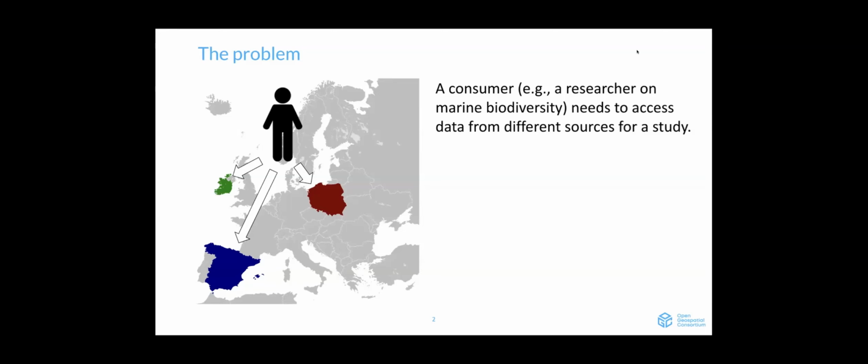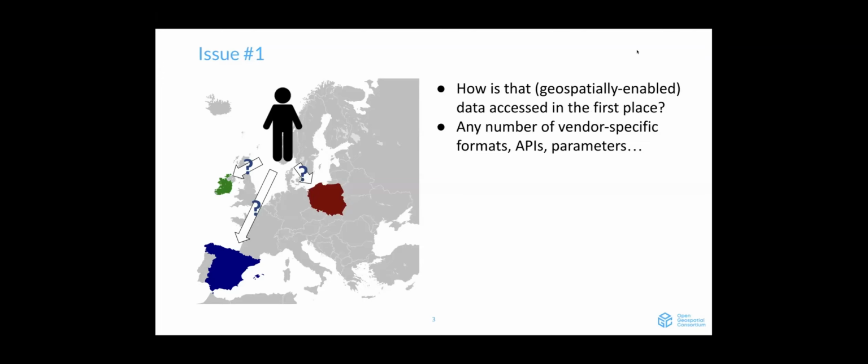So this consumer first needs to figure out how to access the data. For example, if we wanted to retrieve data from Spain, Poland, and Ireland, we're talking about 3 different countries with different governments, different types of potential ways that this data could be offered or served.